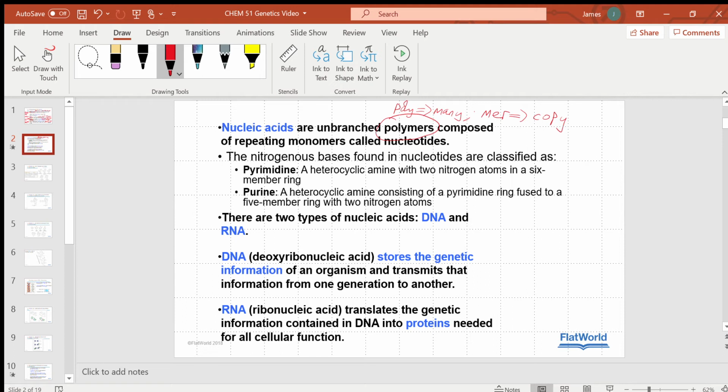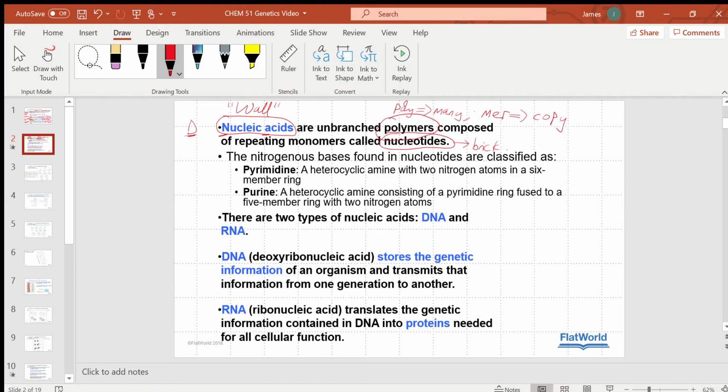The bricks here are the nucleotides. So again, the nucleic acid is the proverbial wall of the DNA, the deoxyribonucleic acid, and the nucleotide, remember, is the brick. It's the many copies of which the wall is based.